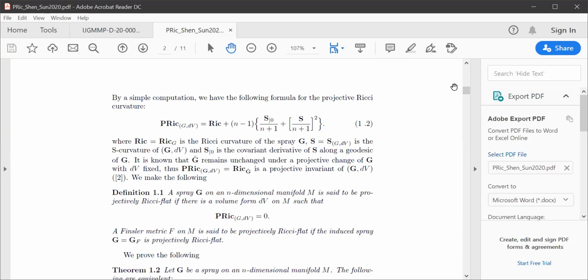We say a spray is projectively Ricci-flat if for some volume form the corresponding projective Ricci curvature is 0. Now, why not in the Finsler case? Suppose the spray is induced by the Finsler metric. Then can I say there's a volume form, independent of the Finsler metric, such that the Ricci curvature of G hat is proportional to the Finsler metric?